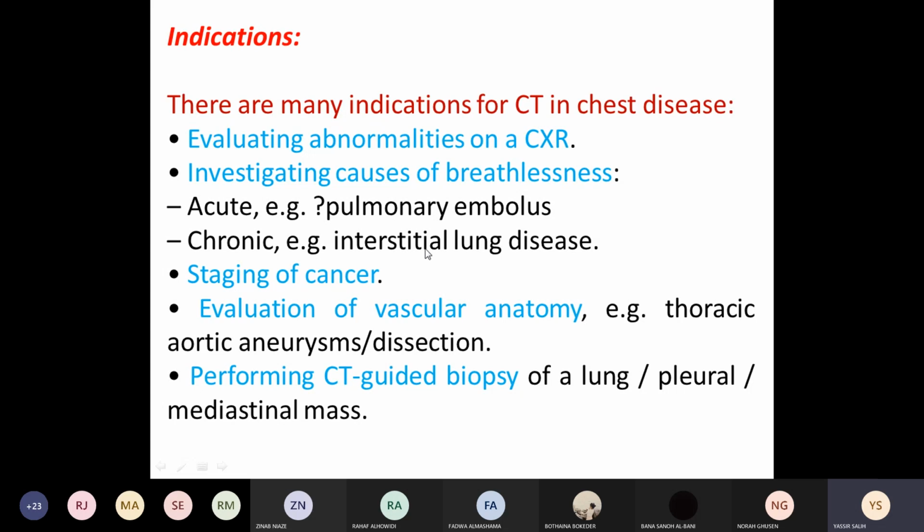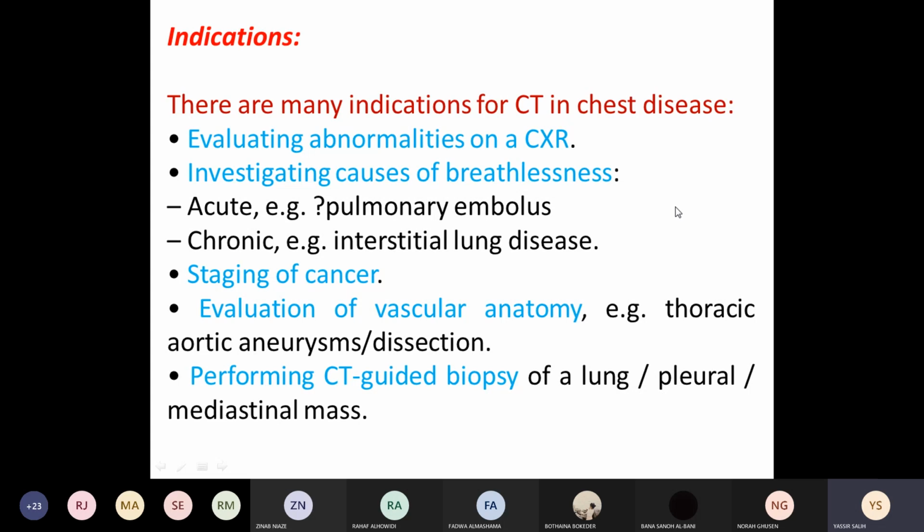For staging of the cancer, staging of the cancer is very important for management, for the plan of the management. If this patient requires chemotherapy, radiotherapy, surgical, and so forth. So before starting the treatment, you have to stage this cancer, and this CT play very important role in staging of many of the cancer.